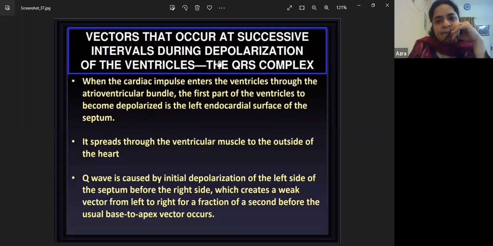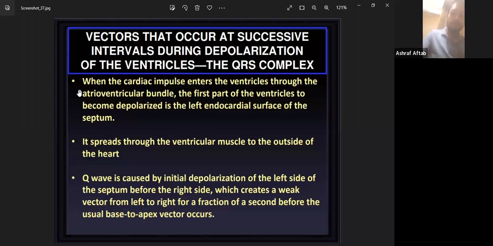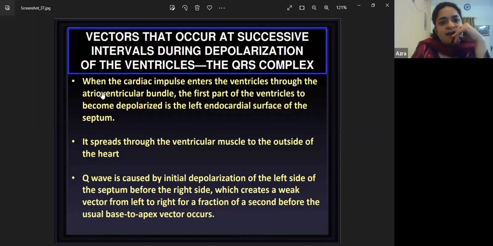Understand? So it means that when the cardiac impulse enters the ventricle, as you know, the blood circulation and all the process is going on in the ventricle.